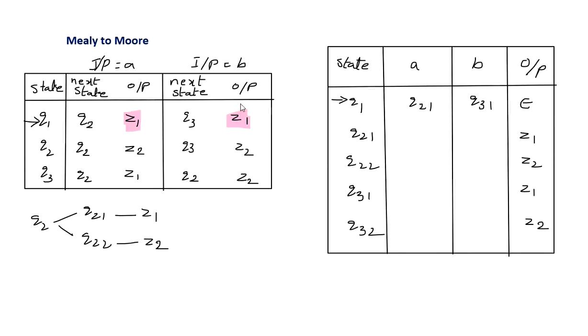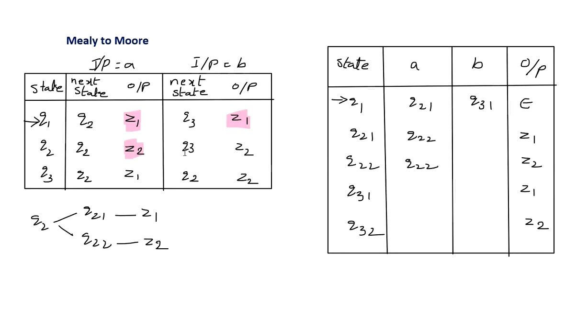And Q2 on A, it is moving to the state Q2 and there is no Q2 in the Moore machine, and if you observe here, the output is Z2. So we need to write here Q22 and Q22 because Q22 is giving the output Z2.